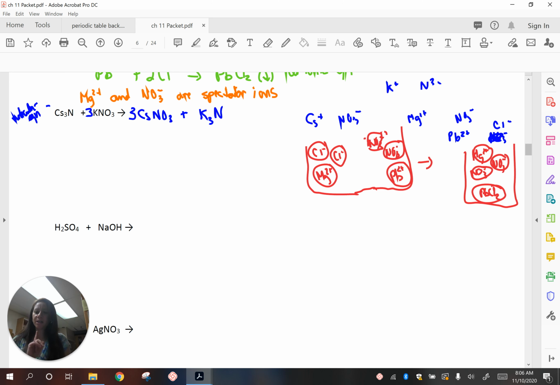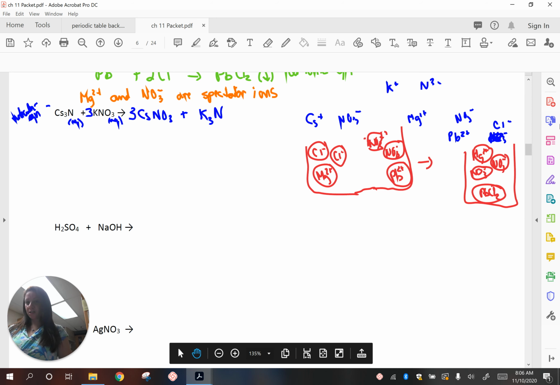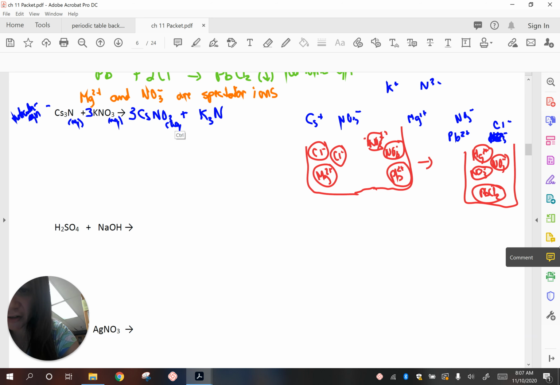I just need to add one more thing, which is what phases they're in. So I know my reactants are aqueous. My products, CsNO3, if you look at your rules, anything with nitrate is soluble. So that's going to go into the water and dissolve, so also aqueous.